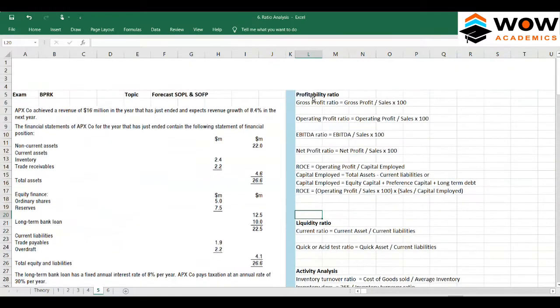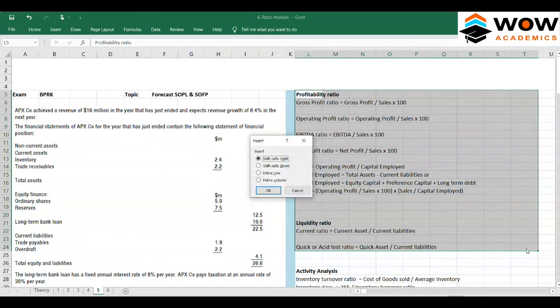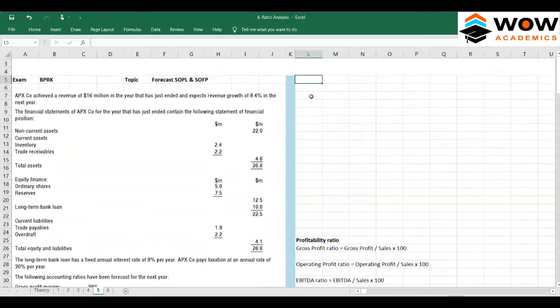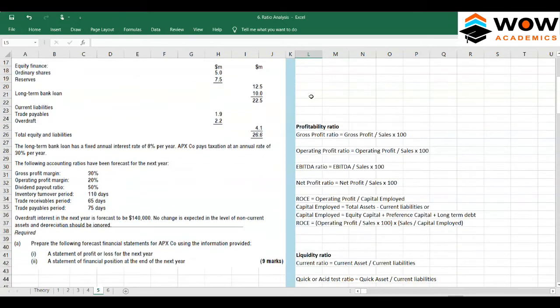What we'll do is we will first create the SOPL, and then we will try to create the SOFP. Let's create the SOPL.